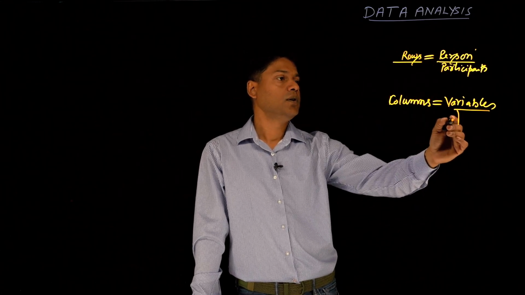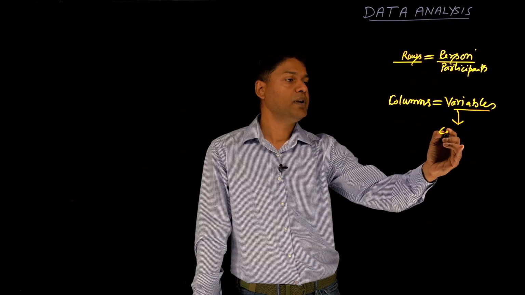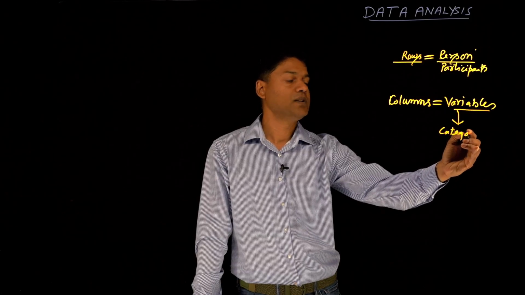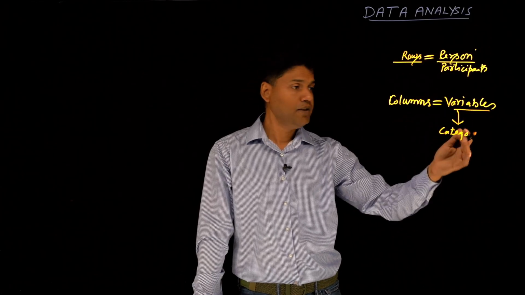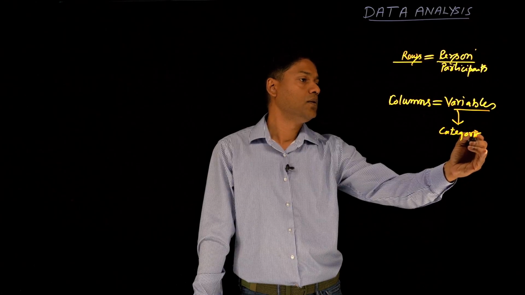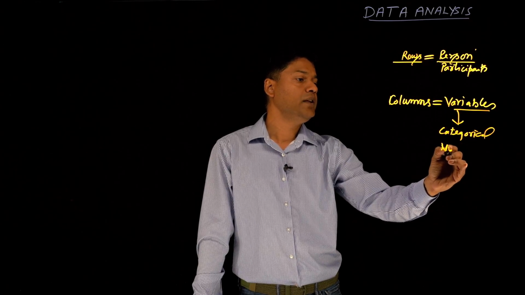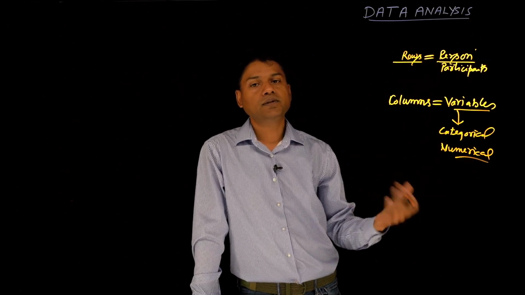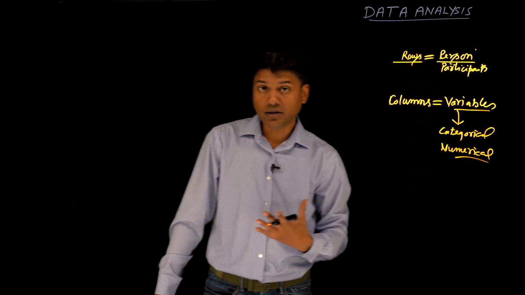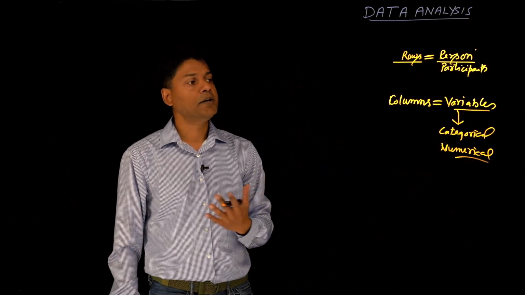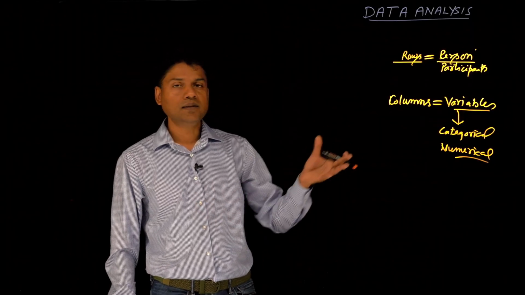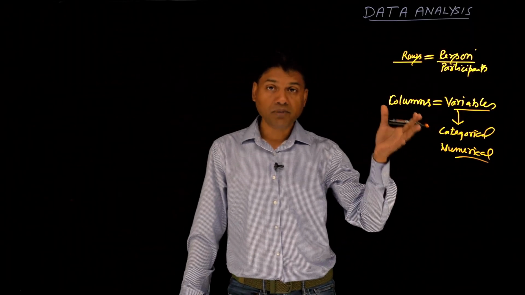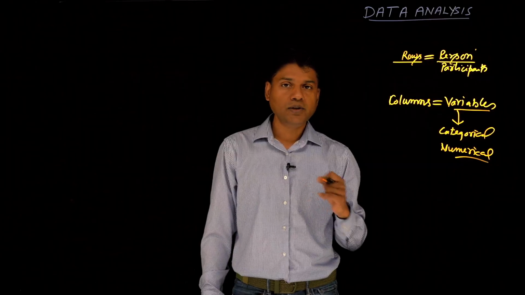Whether your variable is a categorical variable, such as gender, male, female, or a numerical variable, such as stress score or any kind of measurement we are making about the participants, this is the ground rule you want to remember when you are entering the data.